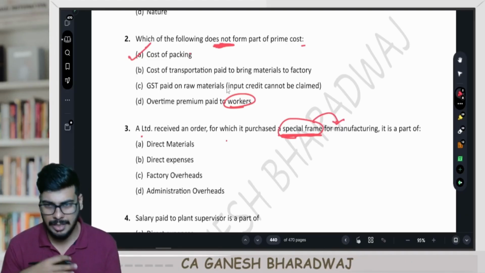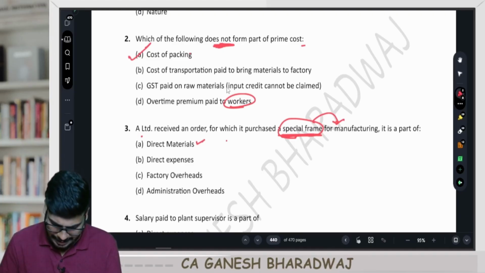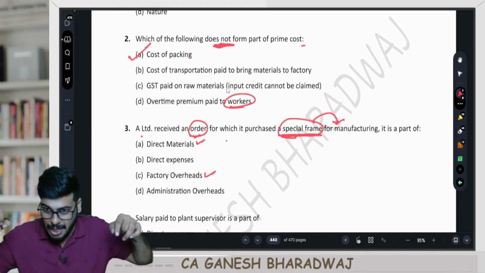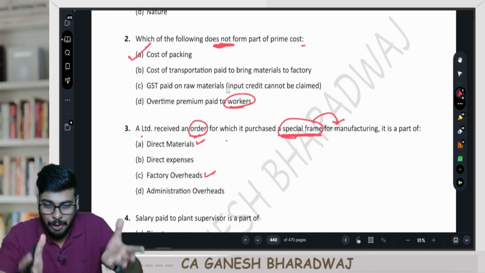Tell me. You are saying it is a part of direct material. Okay, what is your answer? You are saying it is a part of factory overheads. Read the question once again. A Limited received an order. For me to fulfill this order, it purchased a special equipment, special frame for the purpose of fulfilling this order.